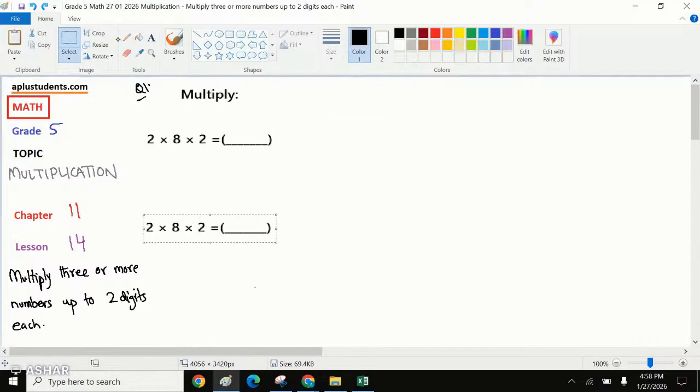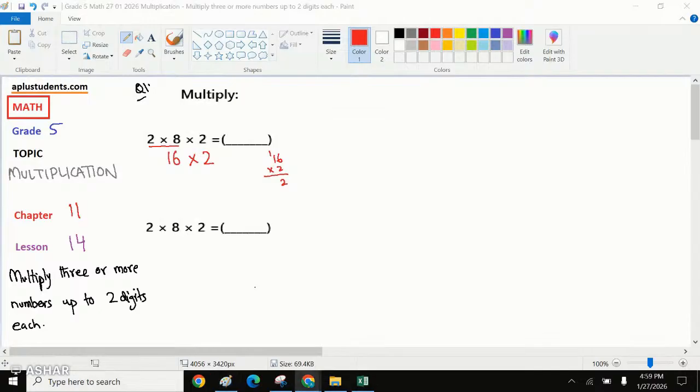If we say 2 multiplied by 8 is 16, and 16 multiplied by 2 would be, we can do the working over here, 16 multiplied by 2. 2 times 6 is 12, right? 12, and we carry a 1.